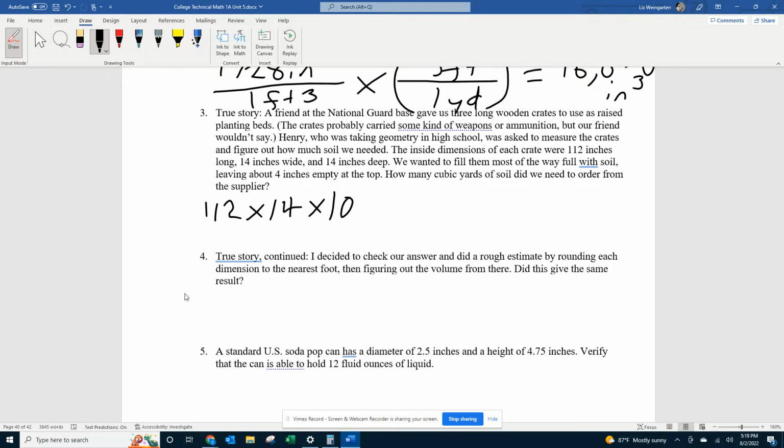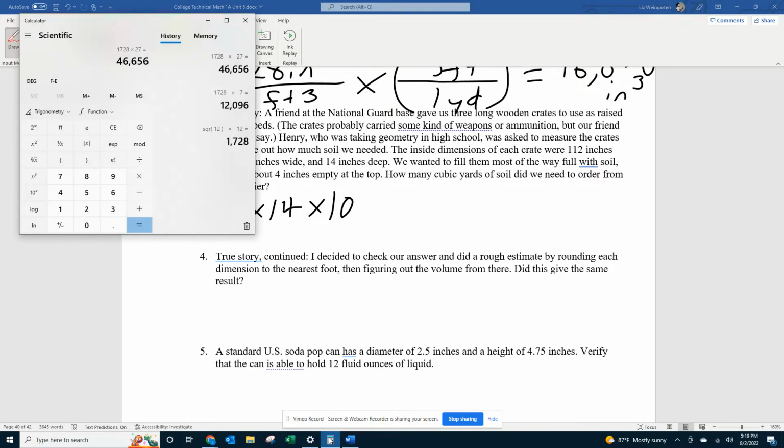So let's see how much that is. 112 times 14 times 10 equals 15,680 inches cubed.